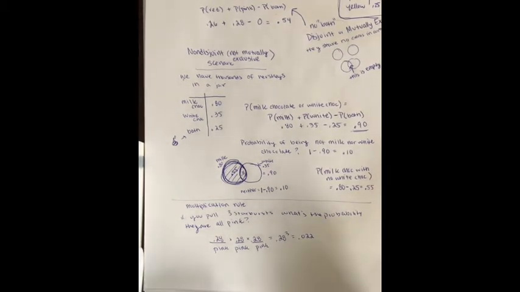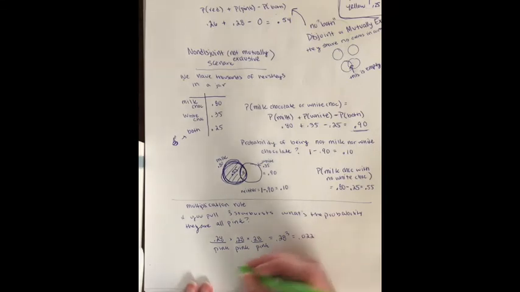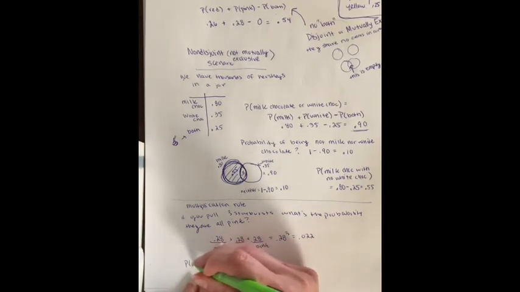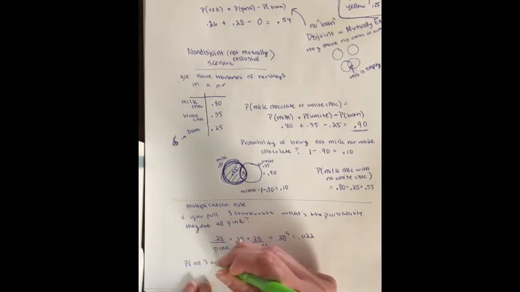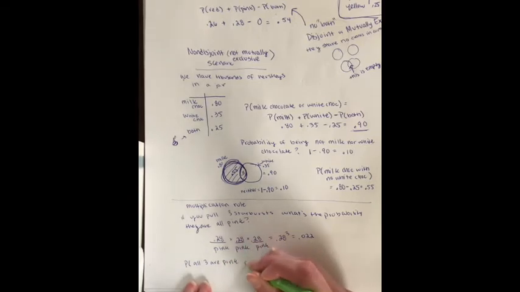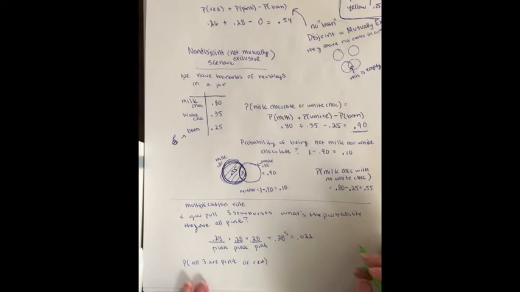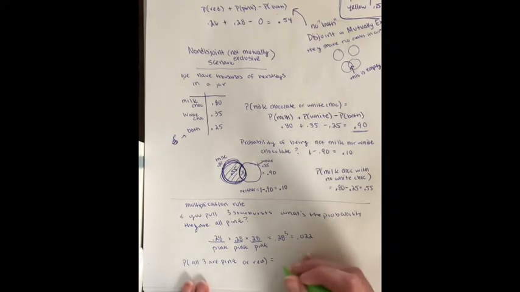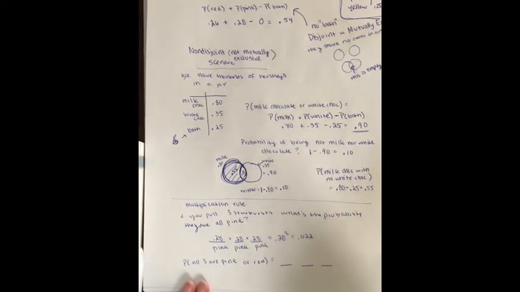We could do, if you pull 3, what's the probability all 3 are pink or red? You can pause the video and try that on your own. Again, it's 3 dashes, and they're all pink or red.